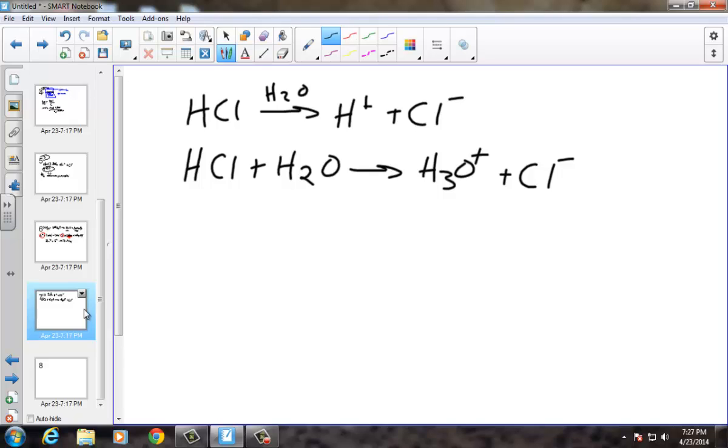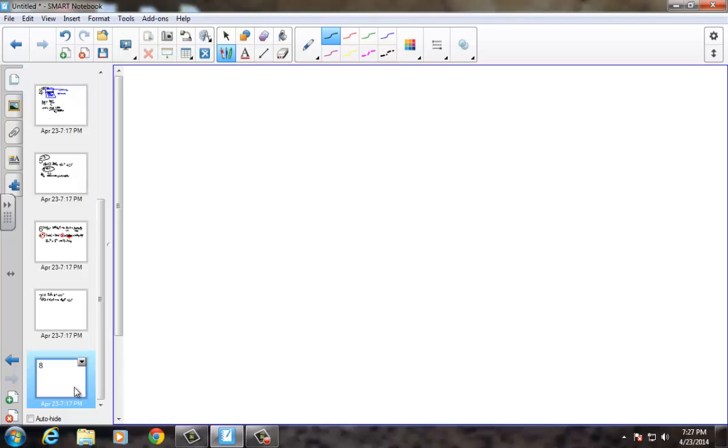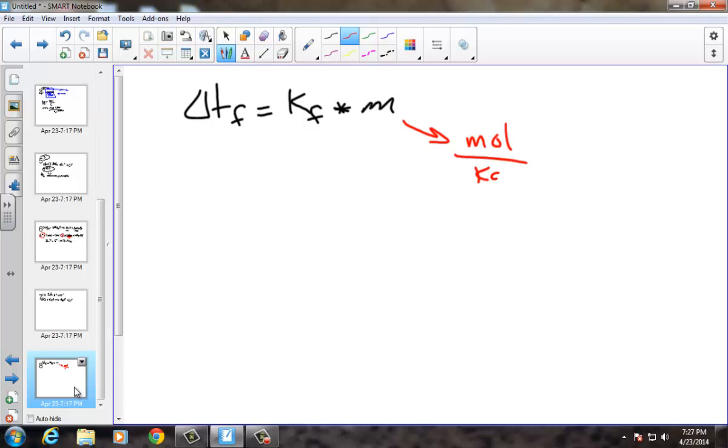Then we have our colligative properties. We have vapor pressure, changes in vapor pressure. So I have freezing point depression and boiling point elevation. Remember, the change in the freezing point is a constant times some molality. Just remember that often to get molality, I'm first going to calculate that. That's moles over kilograms.